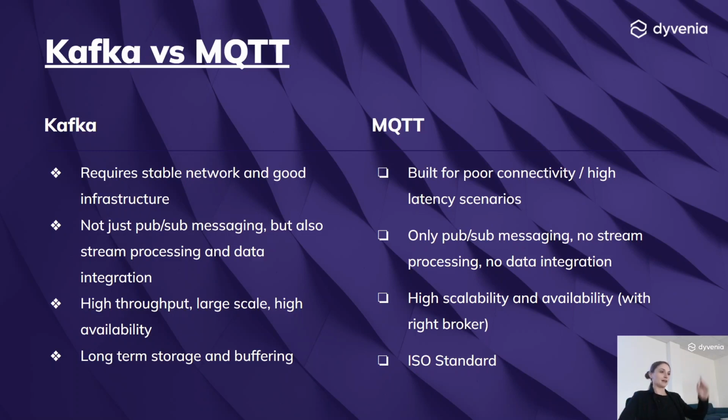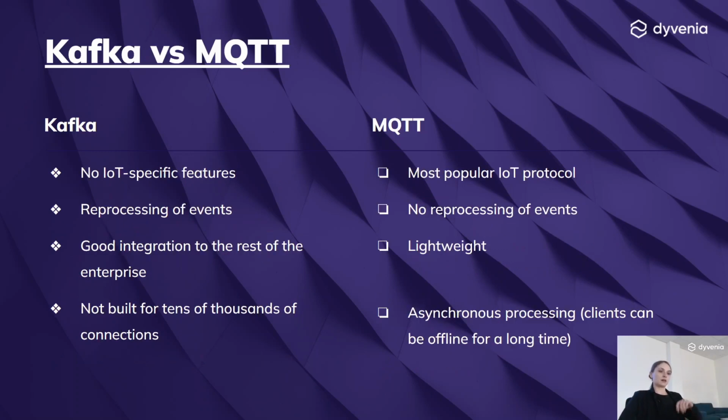MQTT is generally an ISO standard. Kafka has no features natively built for IoT, while MQTT has protocols for IoT projects. Kafka reprocesses events, MQTT doesn't.